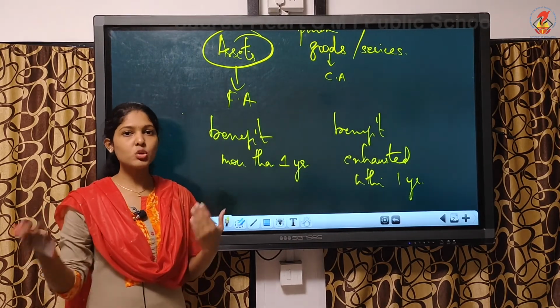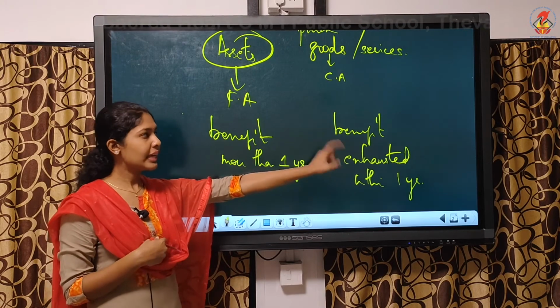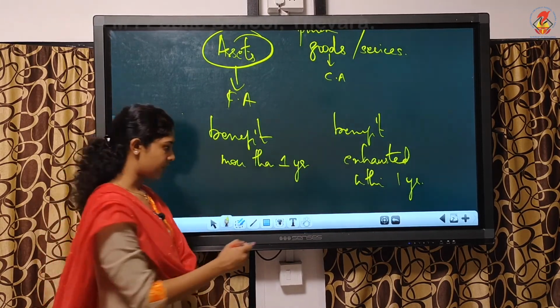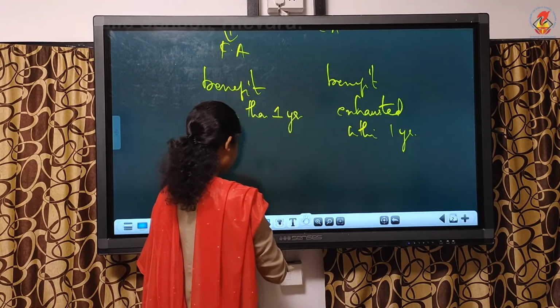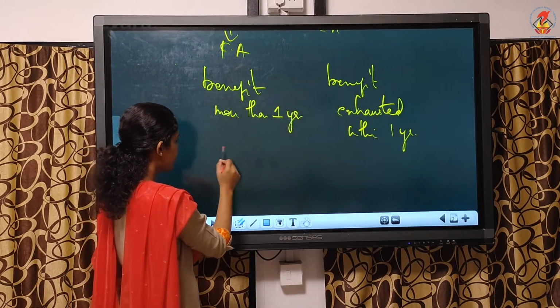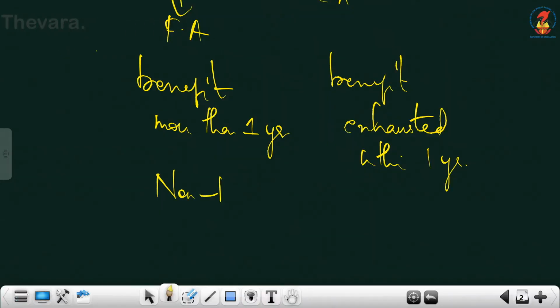Only in the coming years you will be getting the benefit. Here you will get the benefit in the first year itself, but it will get over in the first year itself. And capital expenditure, just like we said for capital receipts, is non-recurring in nature, because every time you will not purchase land, building and all. Whereas this is recurring in nature.